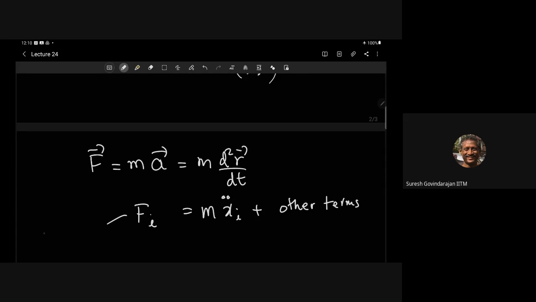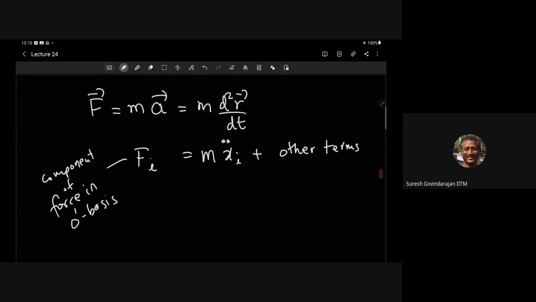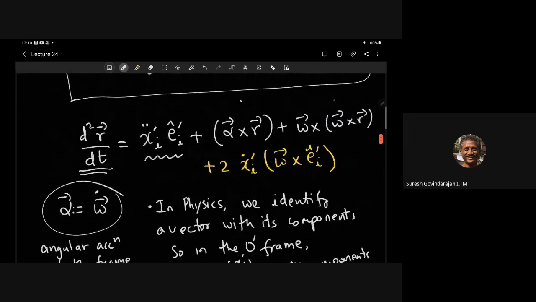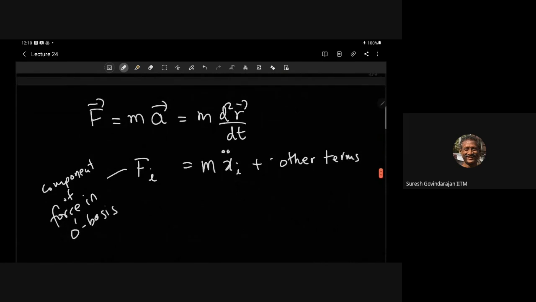Okay, so this is the component of force in the O prime basis, e_i prime I should write. But from this formula we see that there are three other terms, 1, 2, and 3. Okay, so plus three other terms.